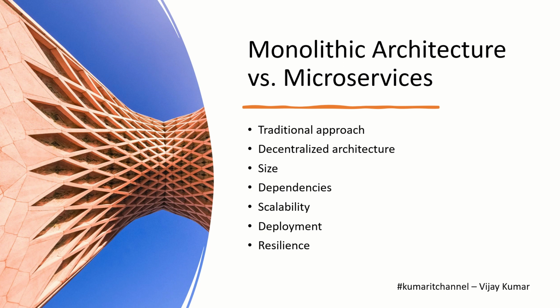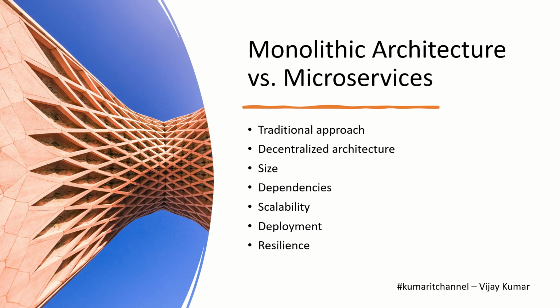And also, when we compare the scalability between these two, monolithic architecture can be harder to scale as all the components are tightly integrated, right? Whereas with microservices, individual services can be scaled independently, allowing for greater flexibility and scalability, right?